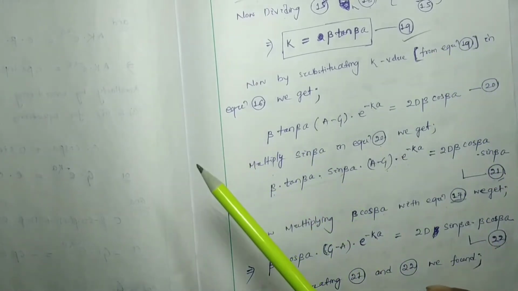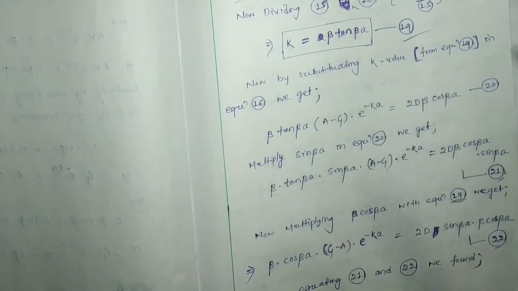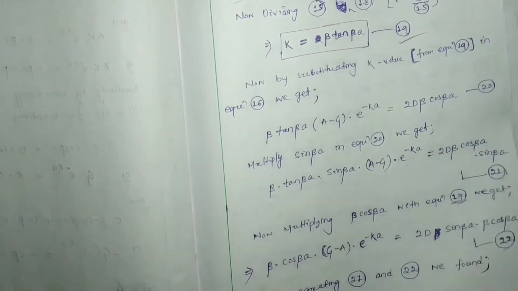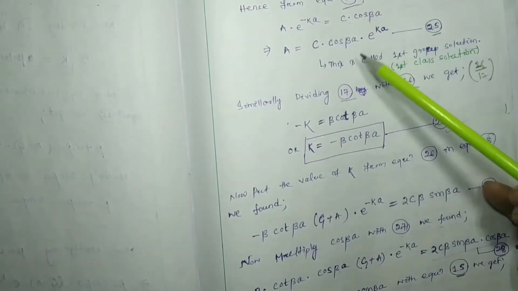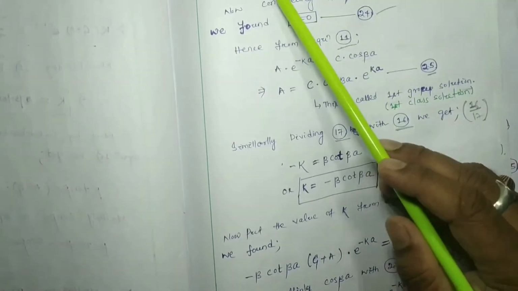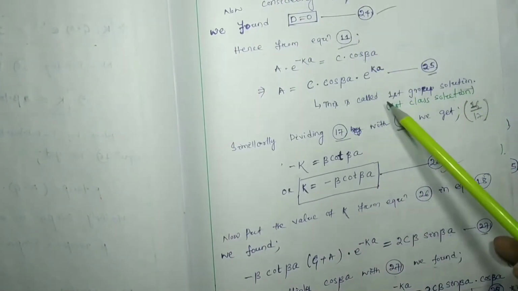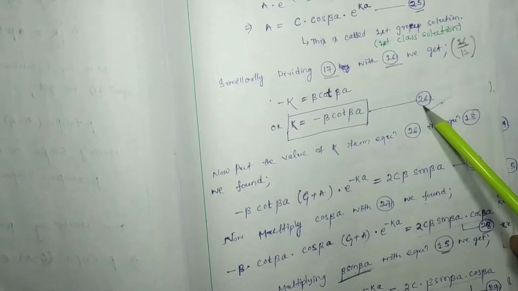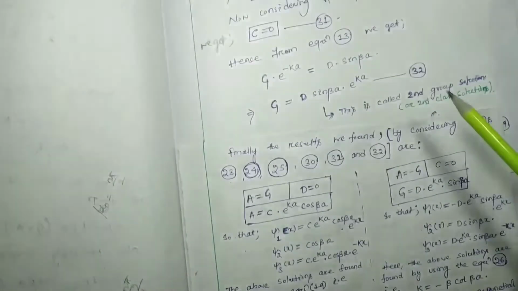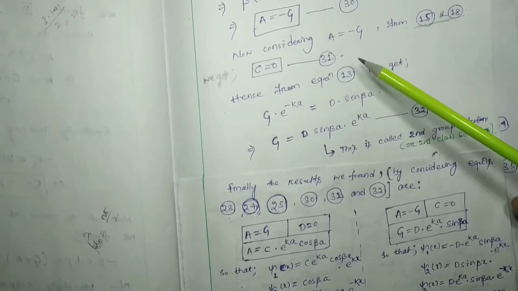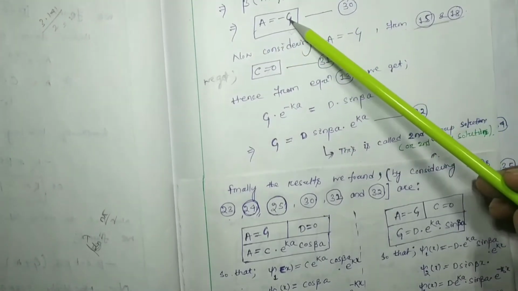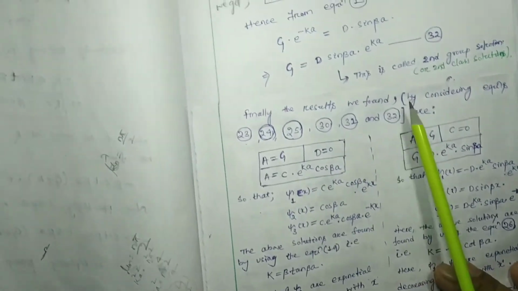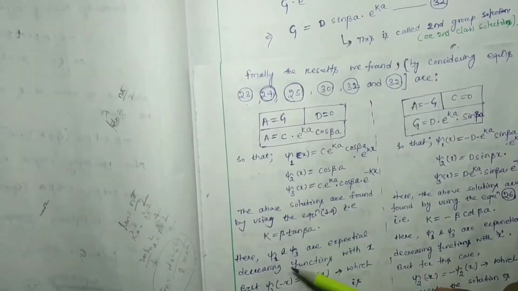You can go through the part 1 video and find that by considering equation 19 we found this value, A equal to G. By considering 26 we found A equal to minus G, C equal to 0. Here also I have written it, no problem.